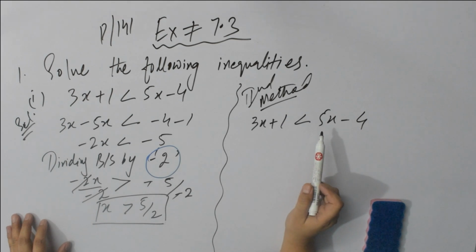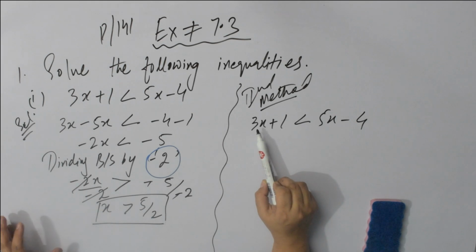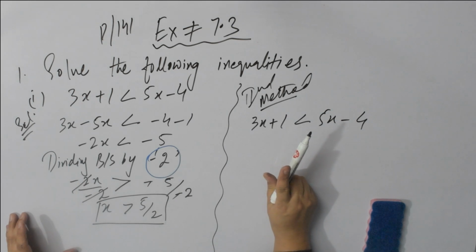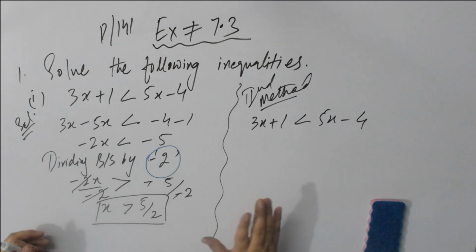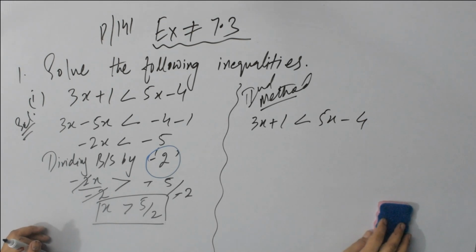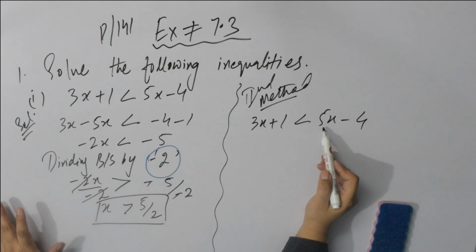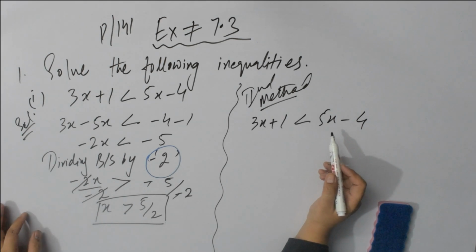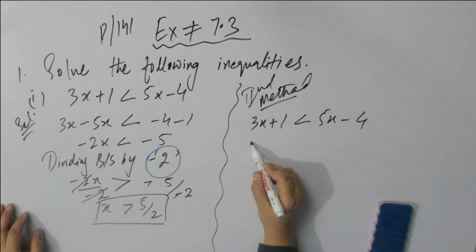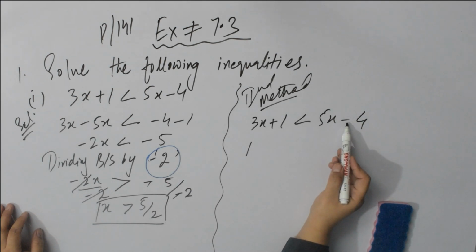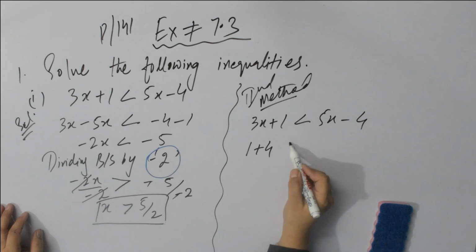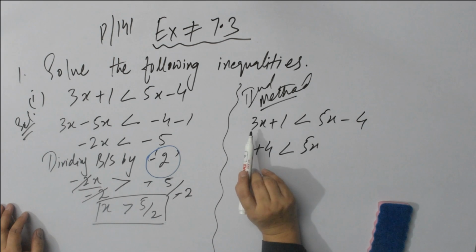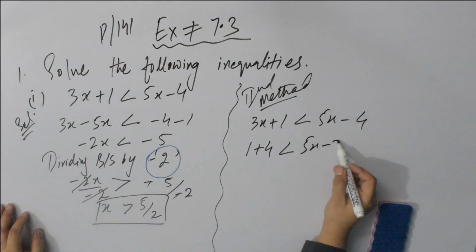So instead of shifting this minus 5x to my left hand side, in the first step I am observing the coefficients. You have to see which coefficient is bigger, and shift the variable to that side, so that simplification becomes easy for you. Here 1 will remain here, then shift this -4 to this side, it becomes +4, and 5x will remain as it is on my right hand side, and I am shifting this 3x to the other side.